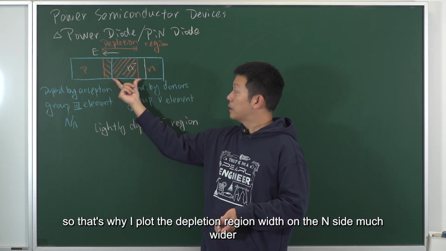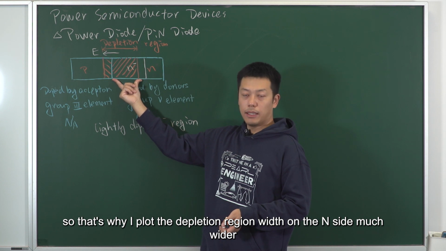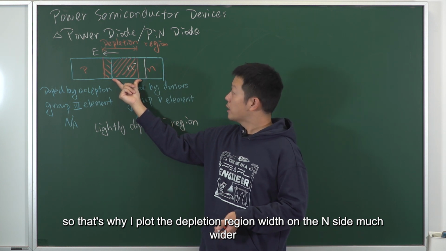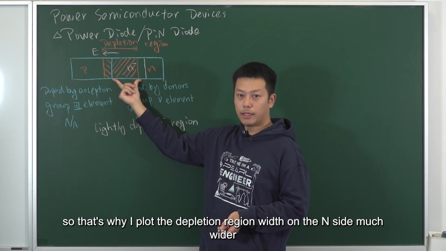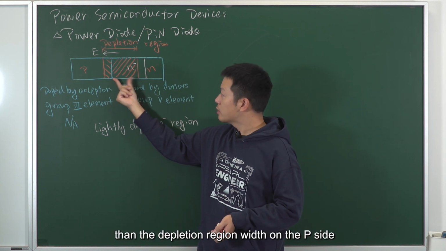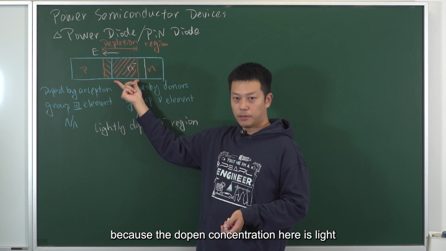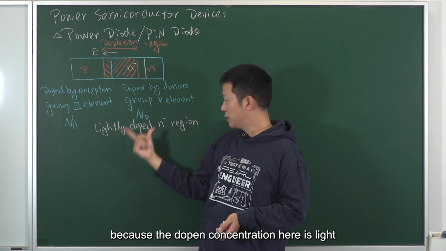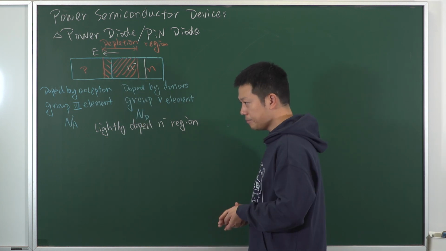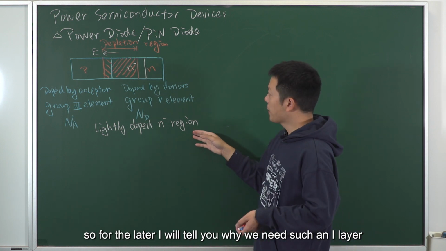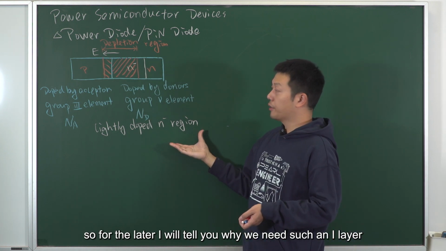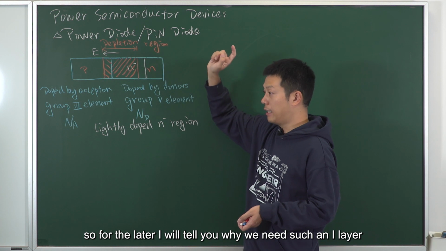That's why I plot the depletion region width on the N side much wider than the depletion region width on the P side, mainly because the dopant concentration here is light. Okay. Later on, I will tell you why we need such an I layer.